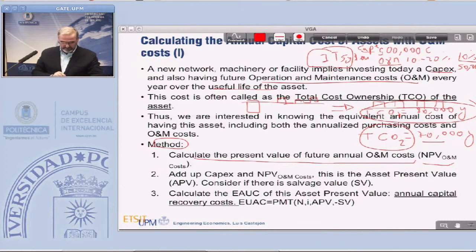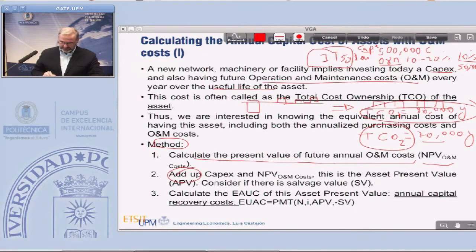Then you add up the capex and the net present value, because both the future operation and maintenance cost and the current payment you are making in capex are outlays of the project. So that's the reason you add them up.